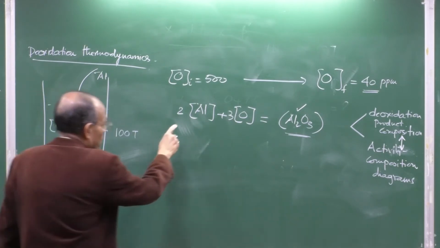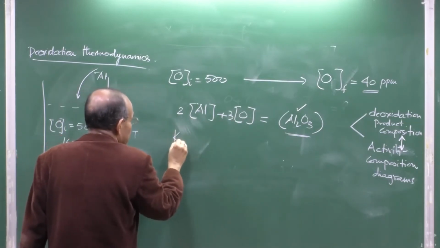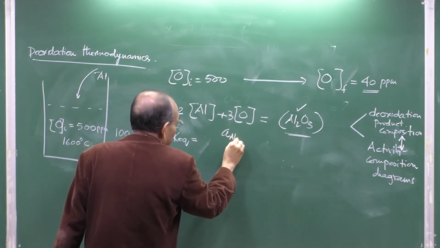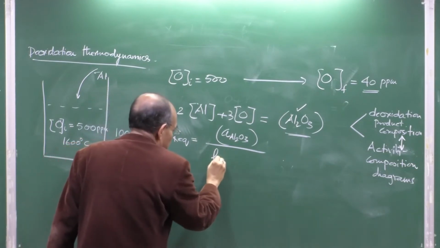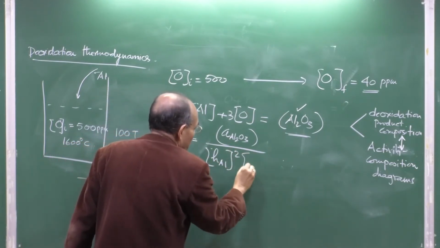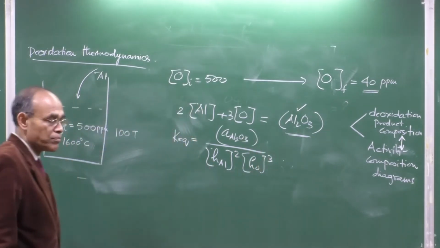So if we assume that this is at equilibrium, we can say that K equilibrium is equal to the activity of Al2O3, and then we will say that it is Henryan activity. These are all dilute solutions, parts per million, and then the activity of oxygen raised to the power 3.